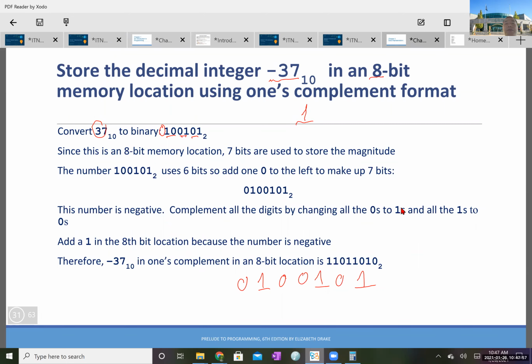Now you know that you're working with the negative, so the first bit is number 1, and all of the rest, if you're working with 1's complement, you have to reverse them. So from 0 you have 1, then 0, 1, 1, 0, 1, 0. Now you have 1 more bit, the sign. So in order to store the number -37 in 1's complement, you have 1, 1, 0, 1, 1, 0, 1, 0. This one.